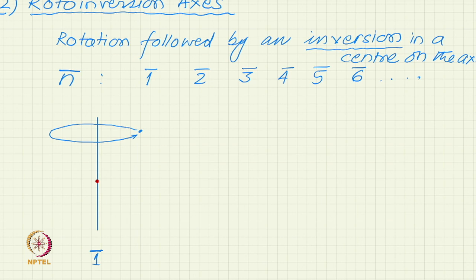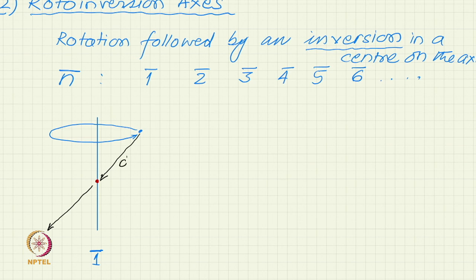Now if I rotate this blue point by 360 degree and then invert it into this red inversion point, inversion means taking the point to the inversion center and continuing in the same direction by the same distance.